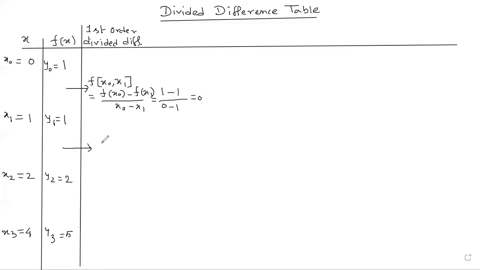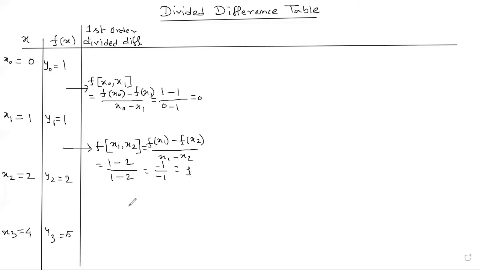Next, the first order divided difference with respect to the arguments x1 and x2 is equal to f of x1 minus f of x2 divided by x1 minus x2, where f of x1 is equal to 1 and f of x2 is equal to 2, divided by x1 minus x2, which is 1 minus 2. So it is minus 1 by minus 1, which is equal to 1.